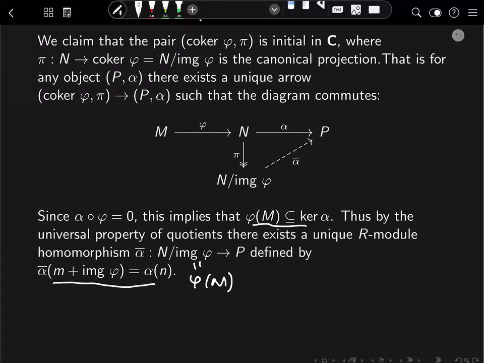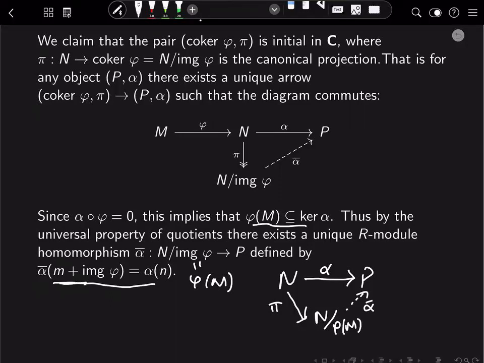So if we want to draw a diagram for this, since phi of M, the image of phi, is a subset of the kernel of alpha, we have a diagram like this. So we have alpha that maps N onto P, and since phi of M is a subset of the kernel, we have a projection from N to N mod phi of M, and there exists uniquely an alpha bar that takes our coset, m plus image of phi, onto alpha of m.